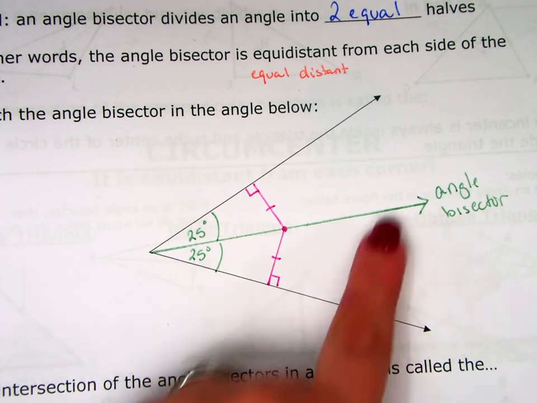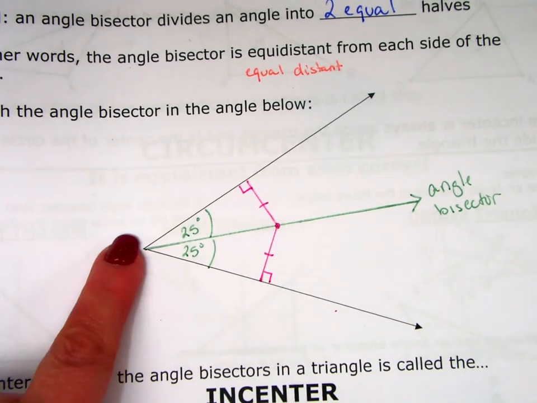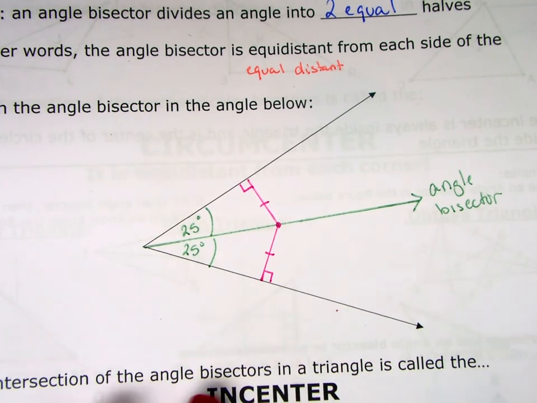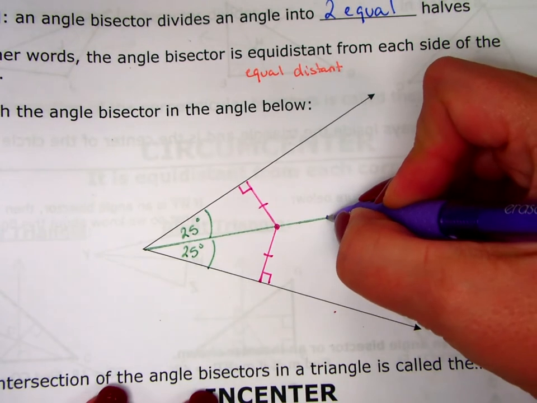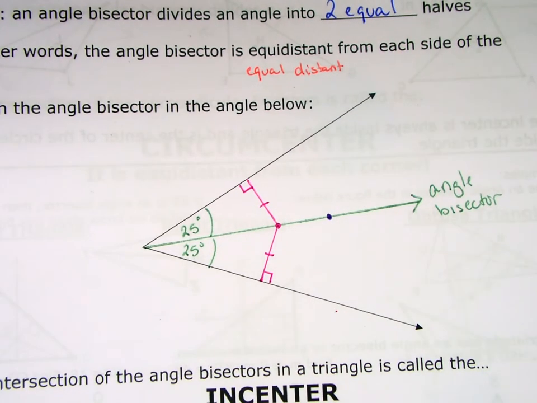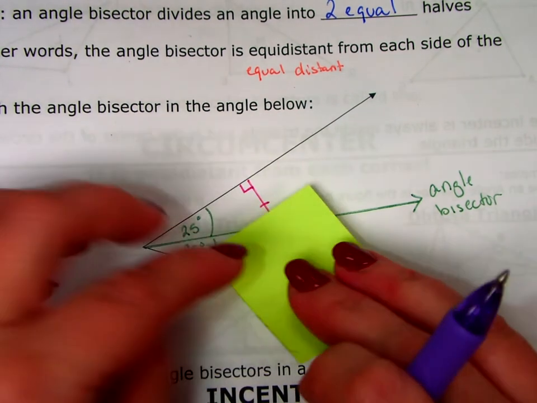Every place along this line that I put a point, I'm going to end up with that same situation happening. So if I pick a different point on this line, if I come out here, and I were to do the same thing, I don't know if I have anything perfectly square. I'll just post it from last week.